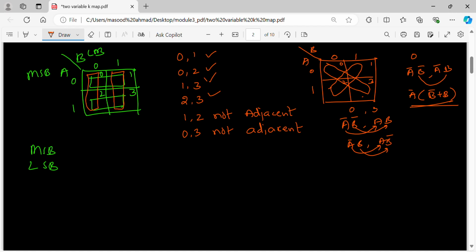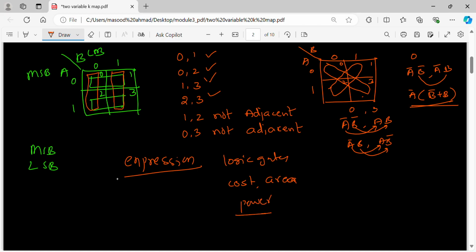What is the intention behind this? We would like to reduce the expression. If you reduce the expression, you get fewer logic gates, so cost gets reduced, area gets reduced, and power gets reduced. This is what we are looking for.